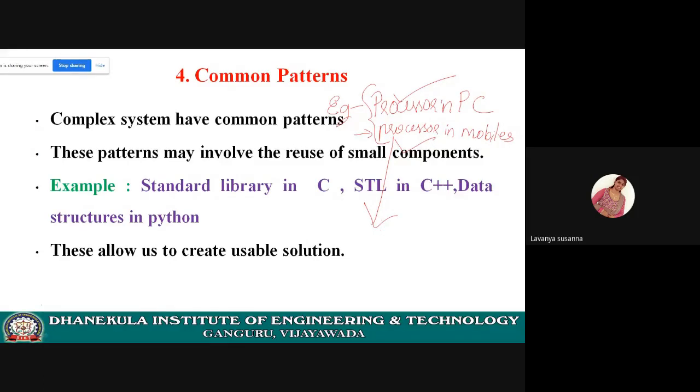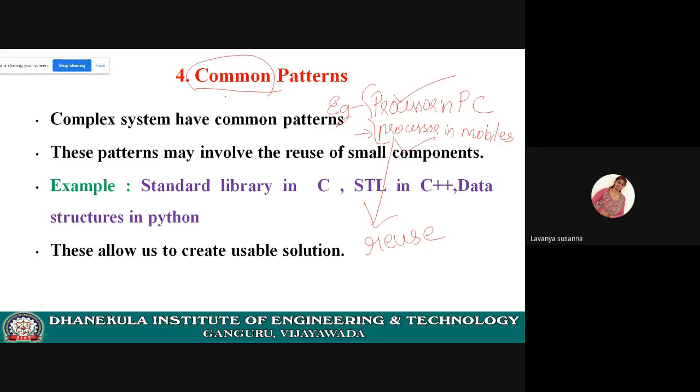The main advantage of identifying the common patterns is that every complex system will have some common patterns.